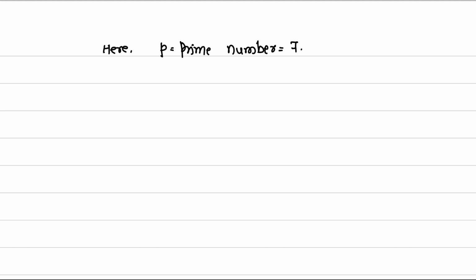Then from the given problem, 10 to the power of 2025 is in the form of a to the power of some number, that means a is some integer.